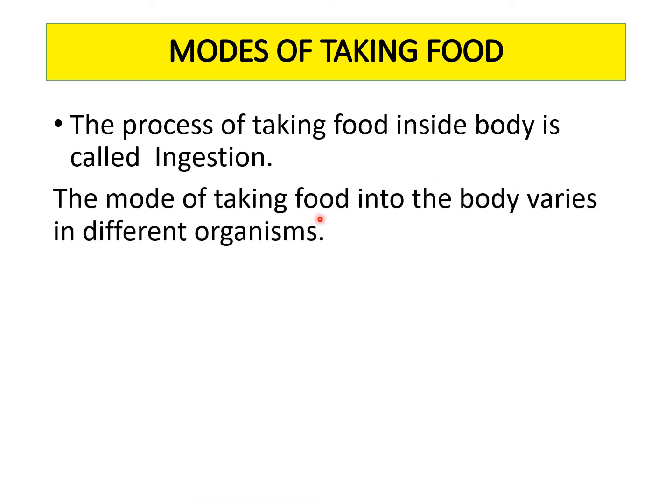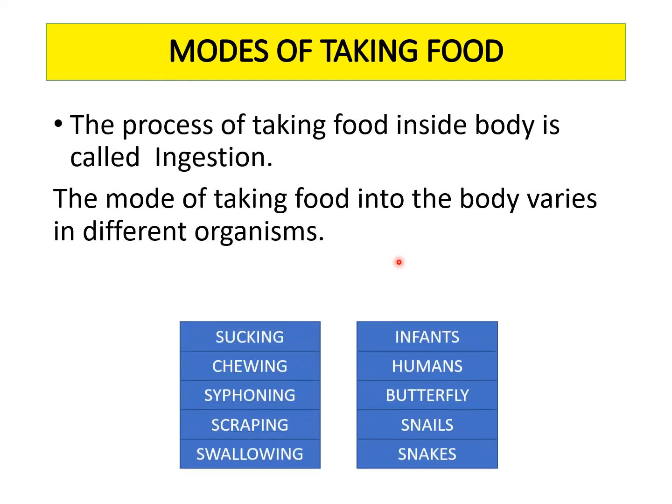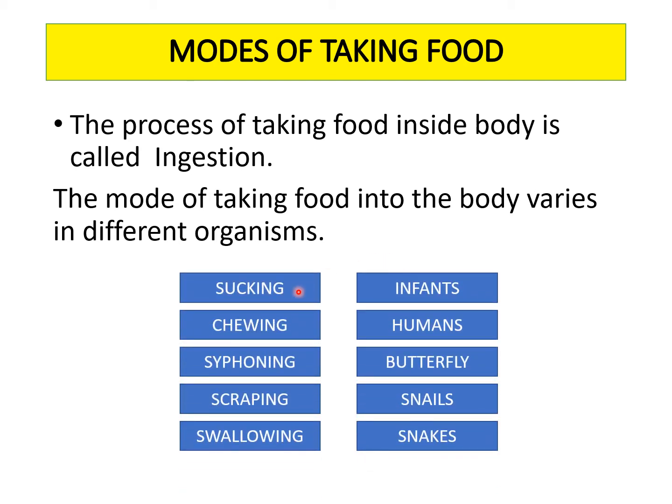Now, the mode of taking food into the body varies in different organisms. There are different types of organisms, so the mode of taking food is also different, like sucking. Infants suck the mother's milk. Chewing is done by humans; we chew and cut the food with our teeth. Siphoning occurs in butterflies.